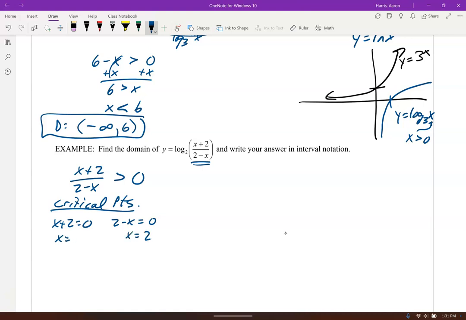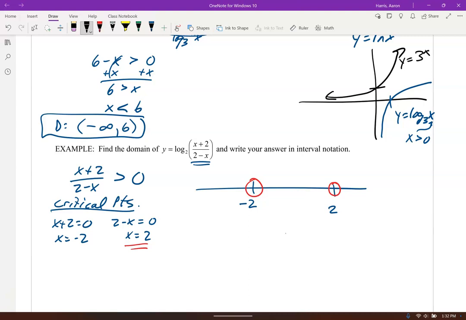Over here, subtract 2, subtract 2, so negative 2 and 2 are going to be our testing intervals. And I don't want to include either one of those, because if I plug in negative 2, I'd have 0 being greater than 0. And I don't want to include the 2 either, because that makes it undefined, so there's no way that's going to be a part of it either.